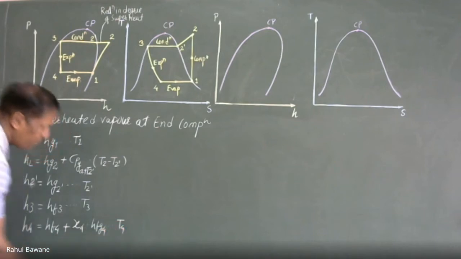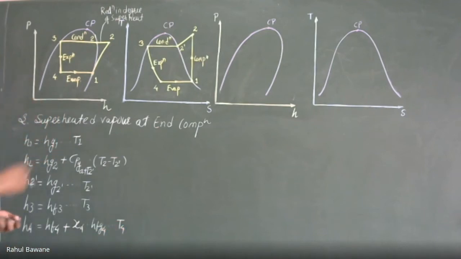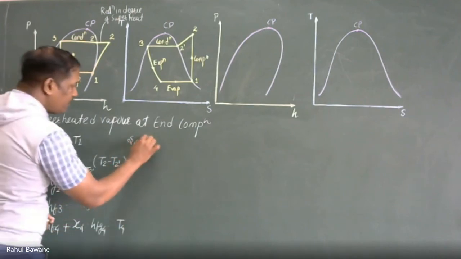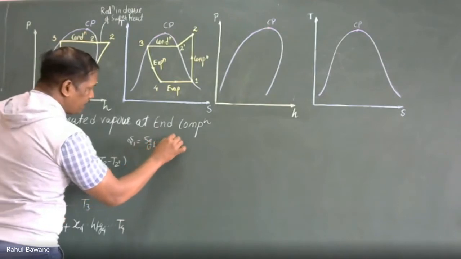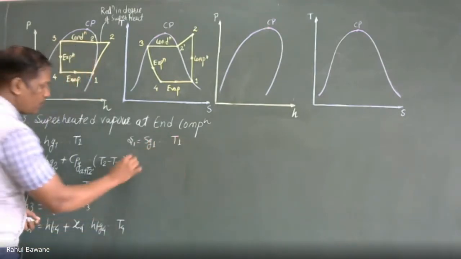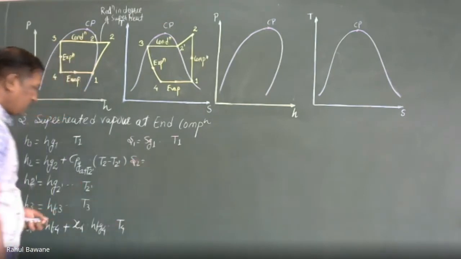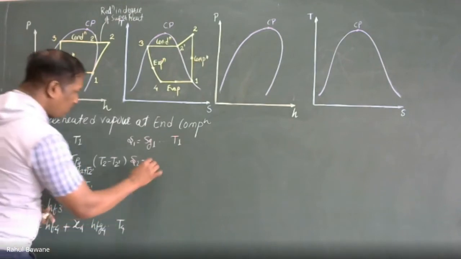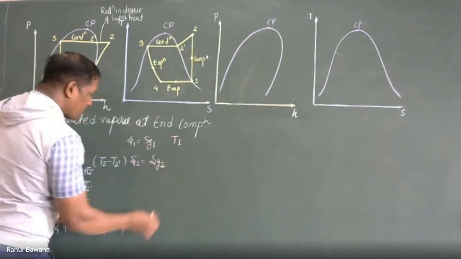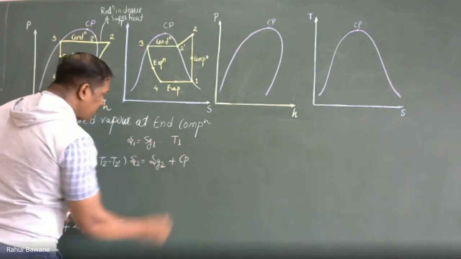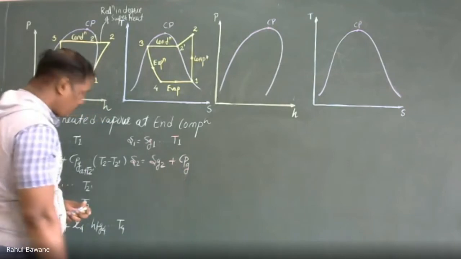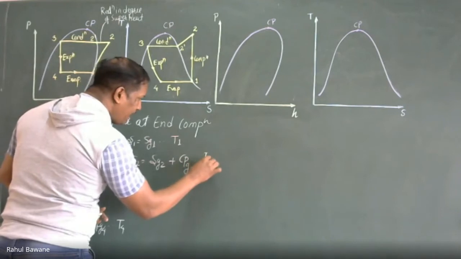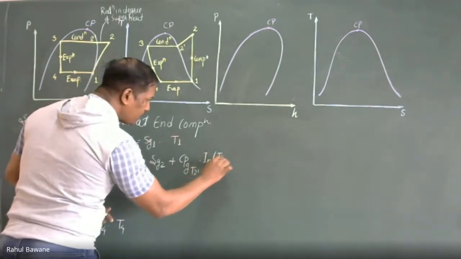calculated at temperature T4. If I am talking about the entropy, so S1 will be Sg1 at temperature T1. S2, remember there is a change in the formula of H2 and S2. Sg2 plus Cp of gas, definitely at T2 dash, multiplied by ln of T2 upon T2 dash.